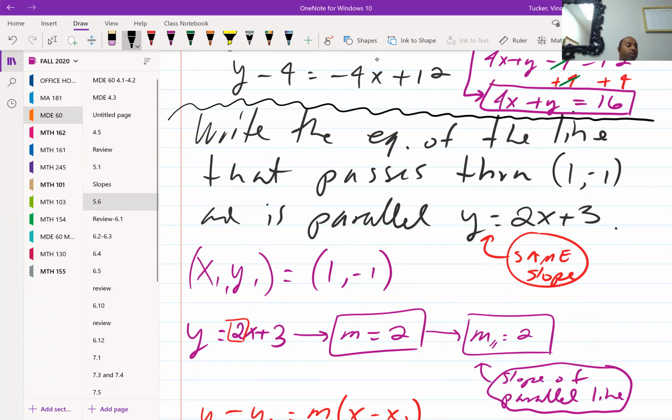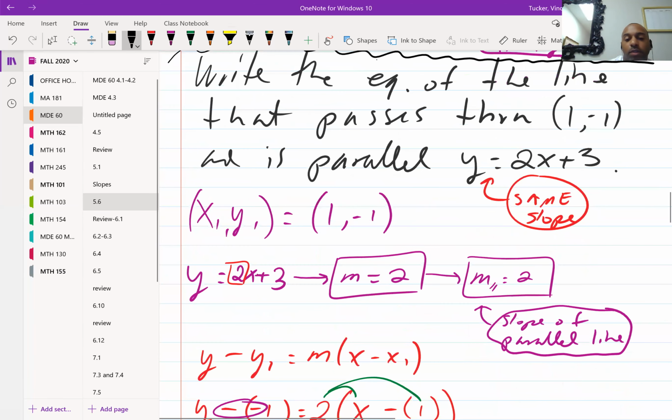So remember, before we use these formulas, we do need to establish what our slope is. And this time our slope is 2 because the line that it gave us had the slope of 2 and we want a line that's parallel to it. Now once we've established our slope, we were given our point.